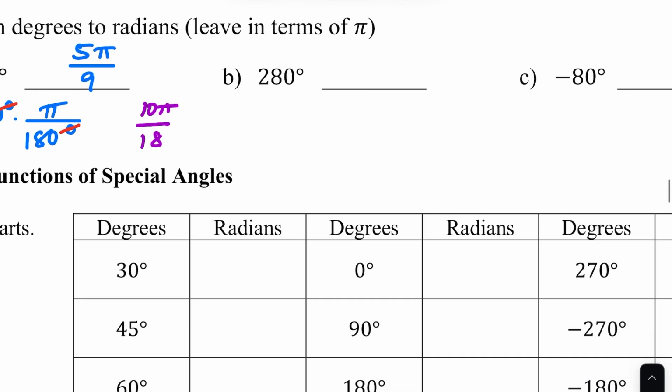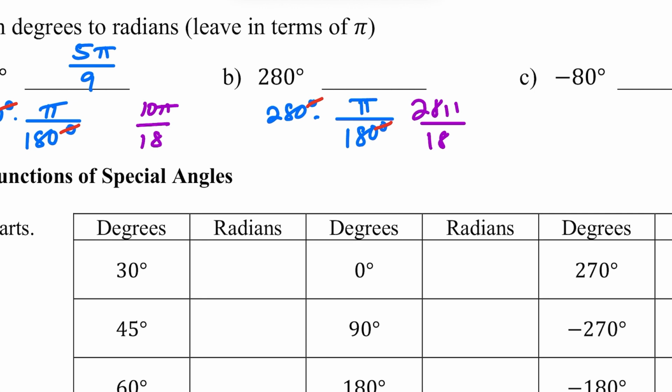And then the same thing for all of these. We take our degrees and multiply by a conversion factor of pi over 180 because we want to get rid of the degrees and they have to be on opposite sides. So then they're both divisible by 10. So 28 pi over 18, which reduces to 14 pi over 9.